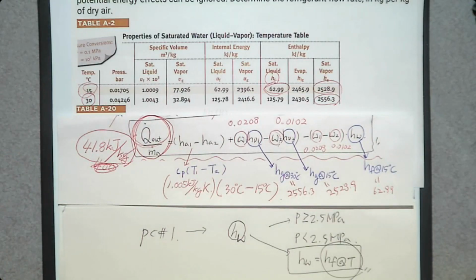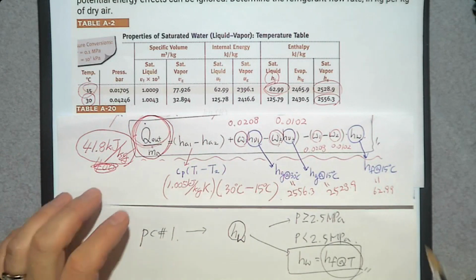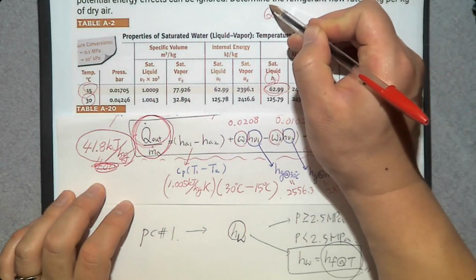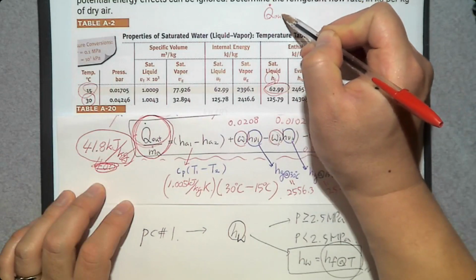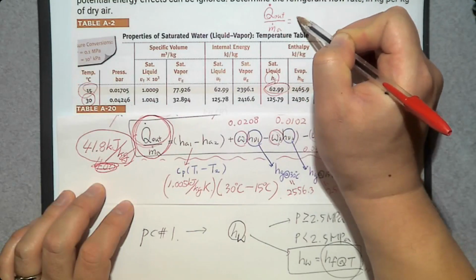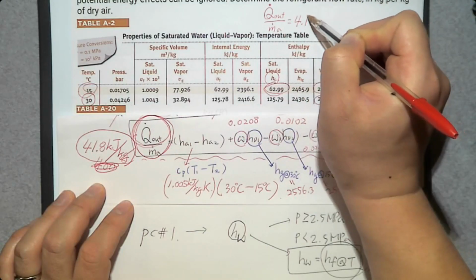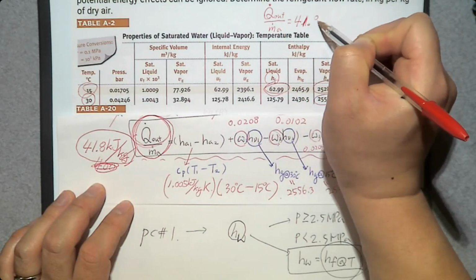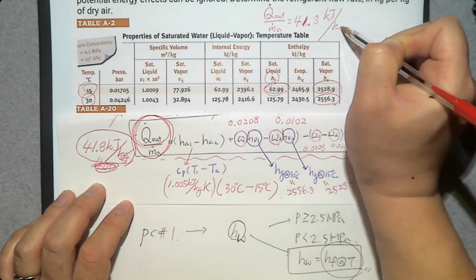So this much rate of heat transfer per dry air is required. So Q dot out per the mass flow rate of dry air is 41.8 kilojoule per kilogram.